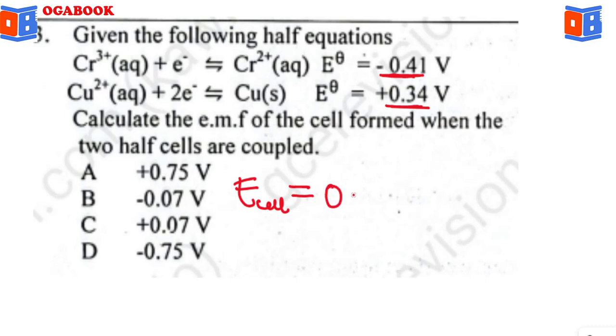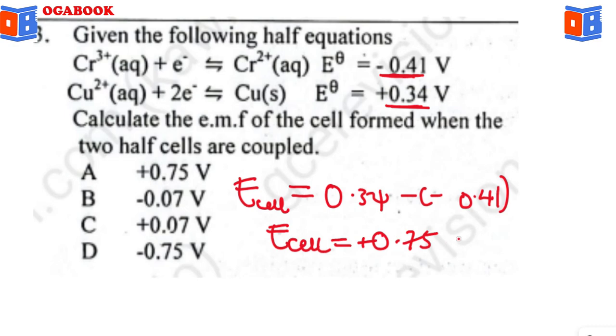So we're going to have 0.34 minus (minus 0.41). So our E cell is going to be equal to positive 0.75 volt. It should be noted that the half cell with the higher EMF is the cathode, while that with the lower EMF is the anode. Therefore, the E cell calculation is the EMF of the cathode minus the EMF of the anode. So our correct option is A.